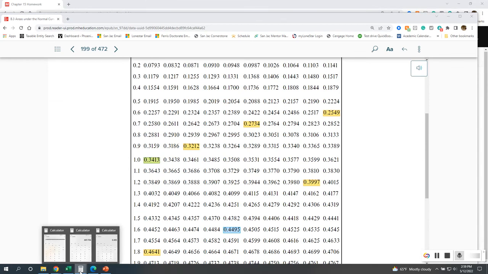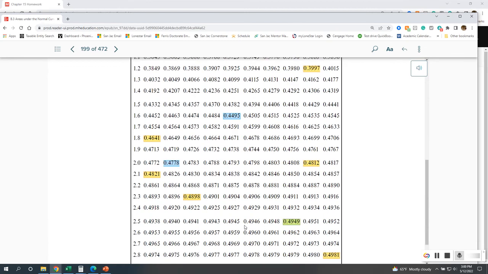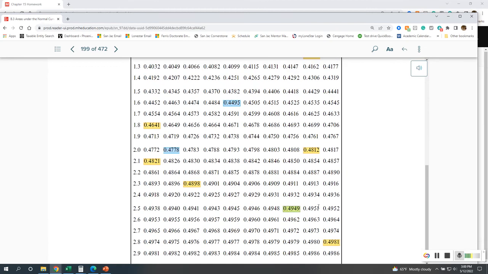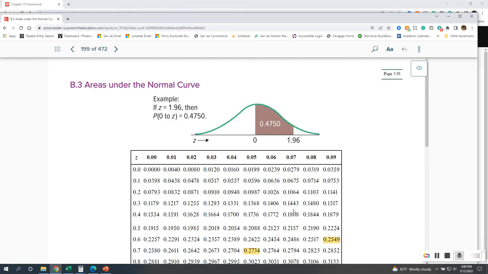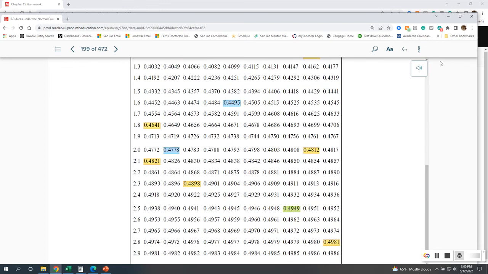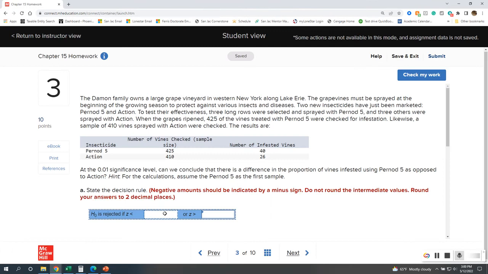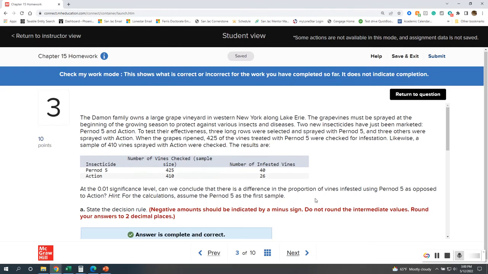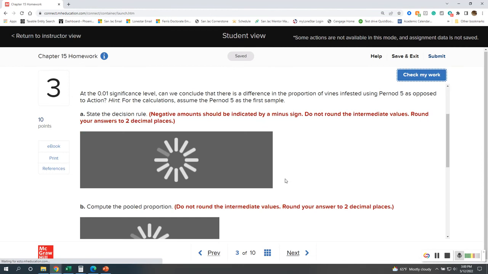We're going to look for the 495. Getting close. Right here. 2.57. So, negative 2.57 and positive 2.57. Check. Okay, good to go.